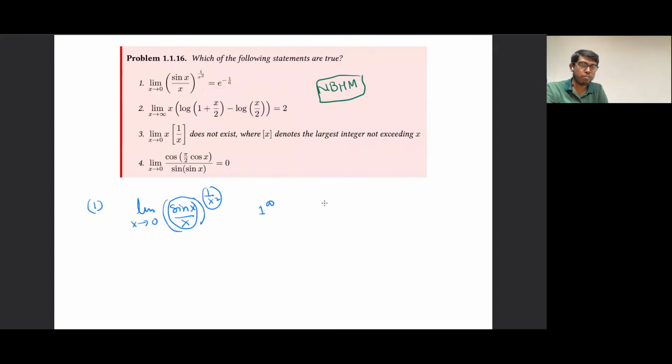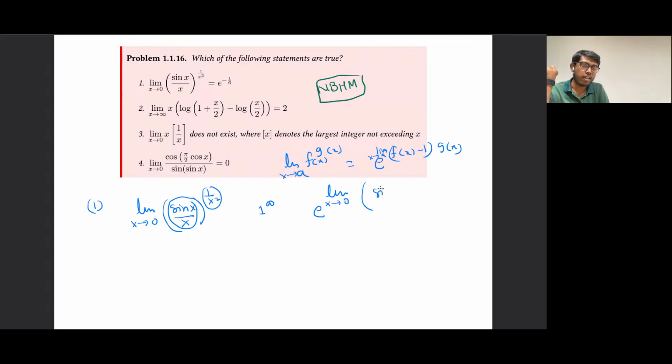And this has a usual result: if f(x) tends to 1 and g(x) tends to infinity as x tends to a, then the limit is e to the power of limit x tends to a of (f(x) minus 1) times g(x).